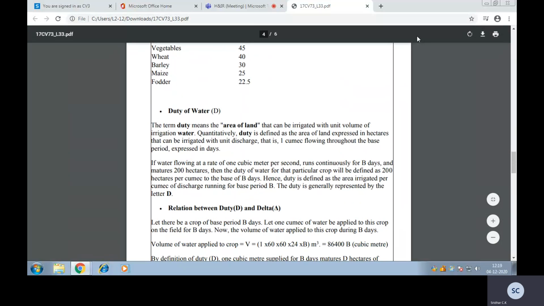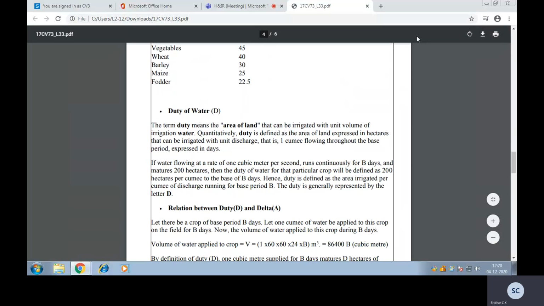Now coming to the duty: it means the area of land that can be irrigated with a unit volume of irrigation water. That means, what is the area which 1 cubic meter of water is going to irrigate?